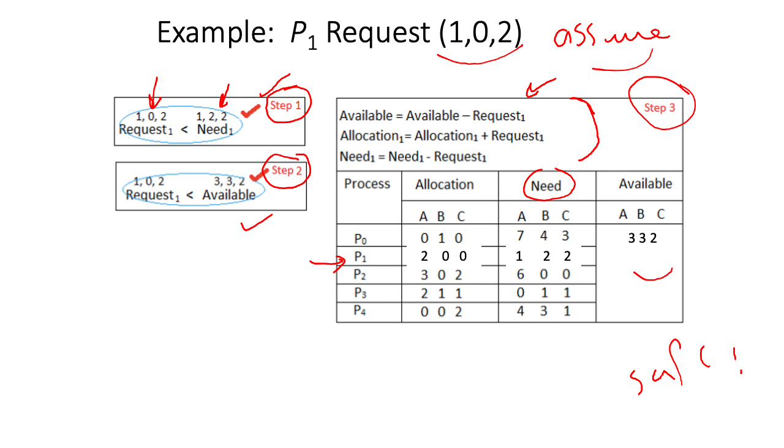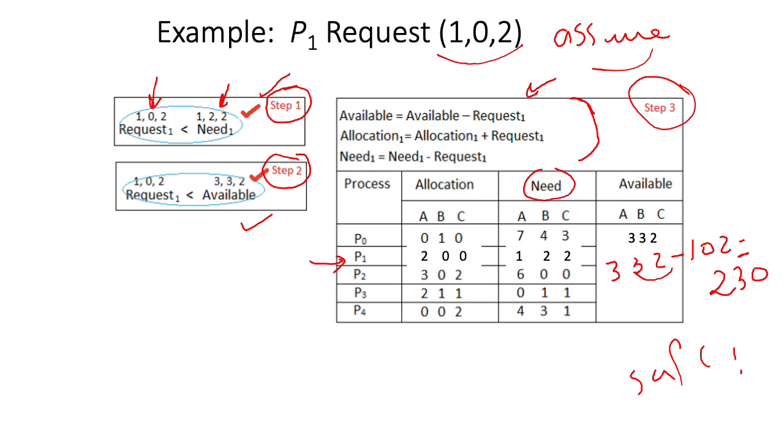So let's update these data structures. So available now will be equal to 332, which is the currently available, minus the new request, which is 102. So if we assume that we did grant this request, we will end up with a total of 230 available in the system, and the allocation of P1 will be equal to the current allocation plus what we just granted it.